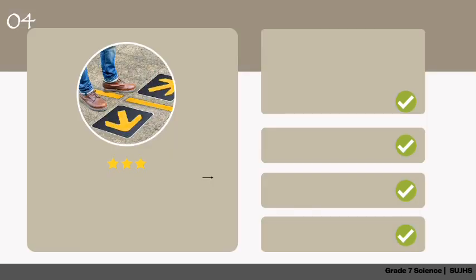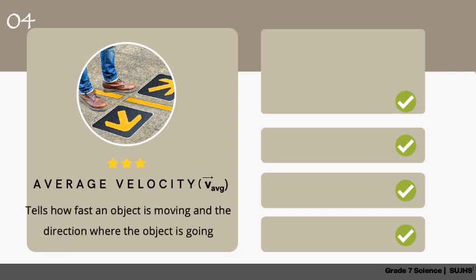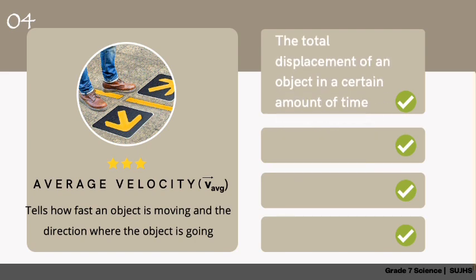The fourth descriptor of motion is average velocity, symbolized by small letter v with a subscript AVG and with an arrow on top of it. It tells how fast an object is moving and the direction where the object is going. It is defined as the total displacement of an object in a certain amount of time.